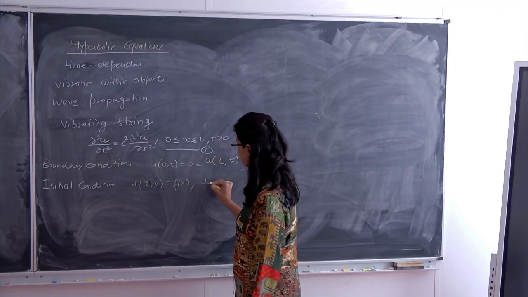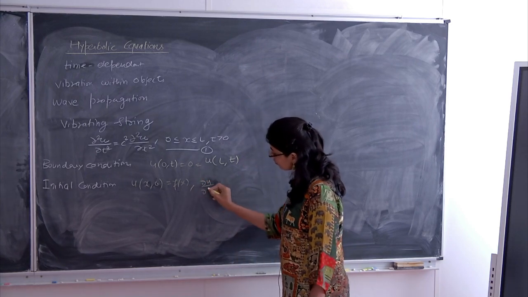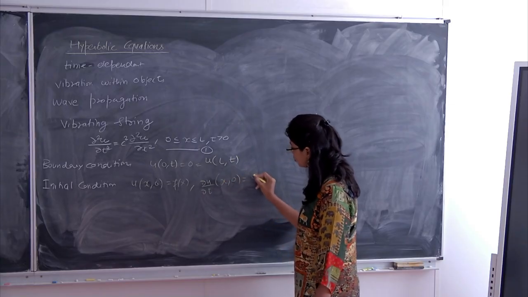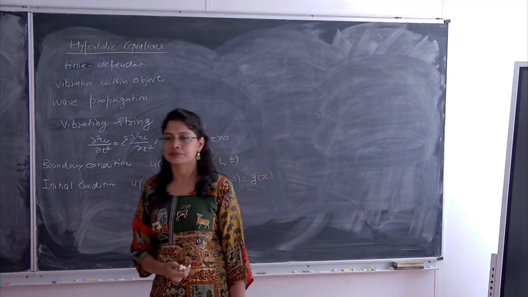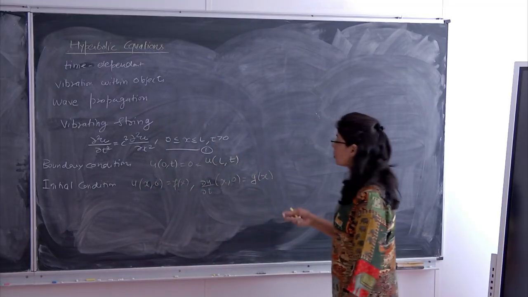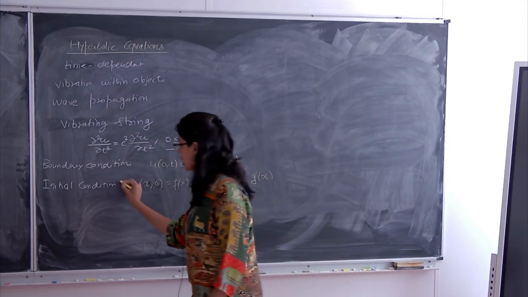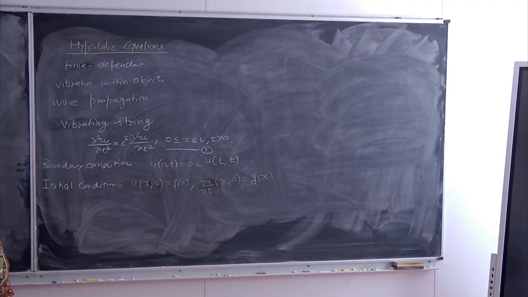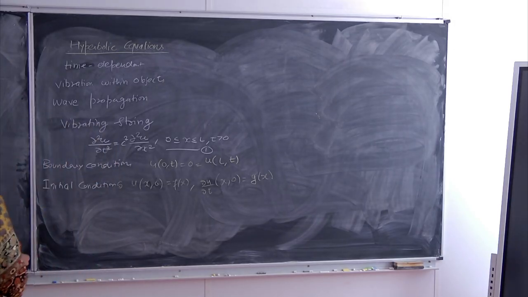Let me write down that as u_t, that means derivative of u with respect to t, at x and 0. Let us assume that this is some function of x which is called g(x), fine. So, these are two initial conditions and this is the boundary condition, and we have to solve this problem with respect to these conditions. Now, first let me write down about the problem, what this problem actually is.